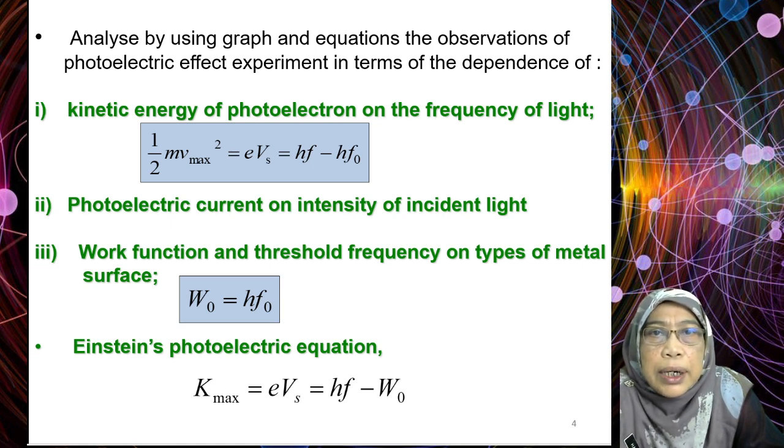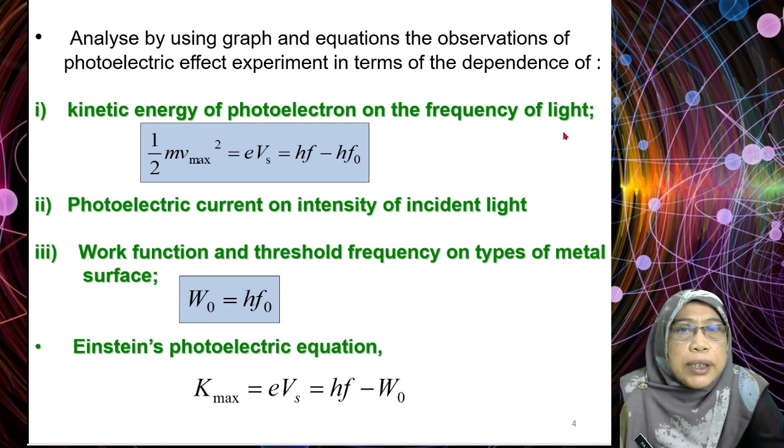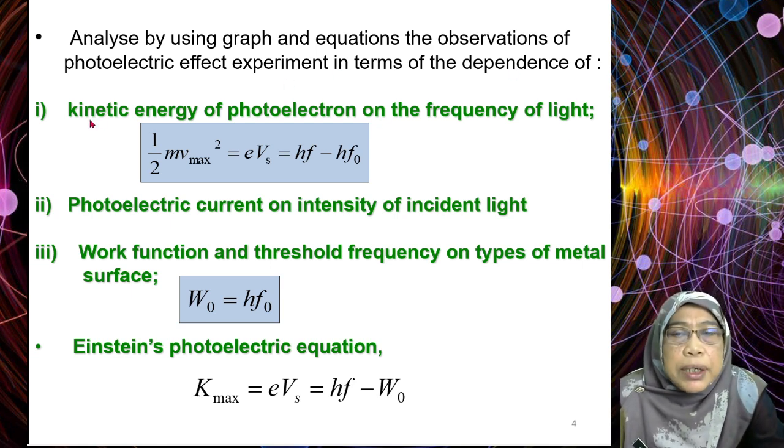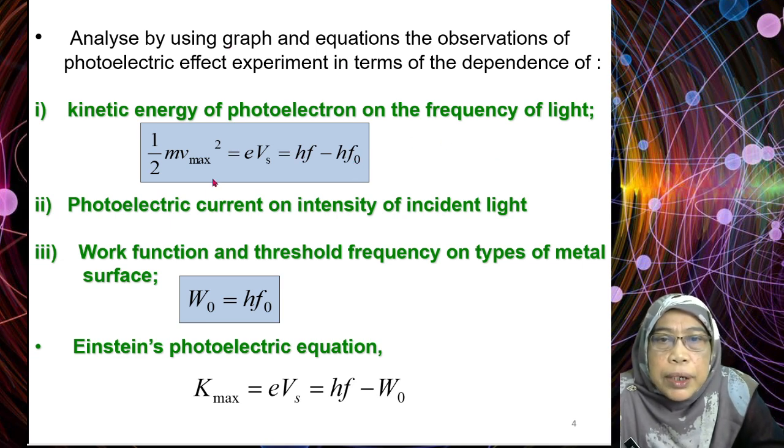Analyze by using graph and equation the observation of the photoelectric effect experiment in terms of the dependence of, first one, the kinetic energy of photoelectron on the frequency of light, where you have this equation. We'll go into this one later. And then the photoelectric current on the intensity of incident light.